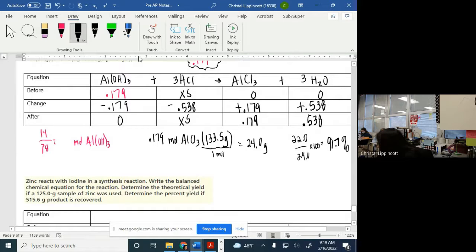Jariah, you okay? Alex? I got 0.9. 0.9? Oh, I didn't times it by 100. You didn't times it by 100? Okay. That's an easy fix.